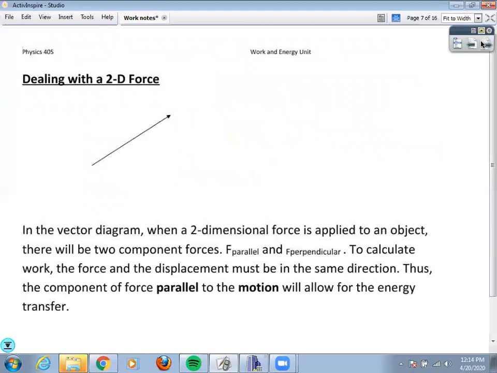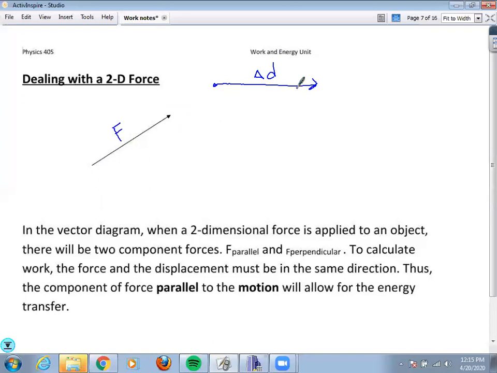Okay, so we know that most forces are not one-dimensional, they are mostly two-dimensional. So how do we deal with a 2D force? Well, if we have our force that's being applied, F, we know that there will be 2 components. So if we're going to consider an object sliding forward, delta D, instead of talking about X and Y, we're going to talk about parallel or perpendicular to the displacement.